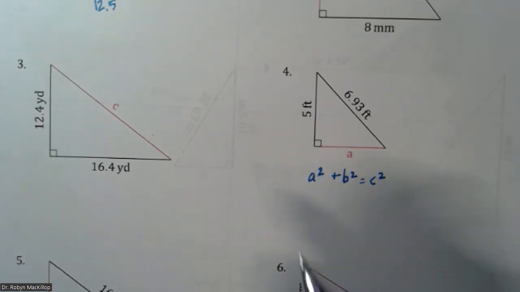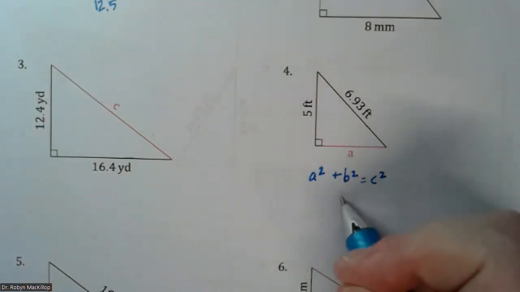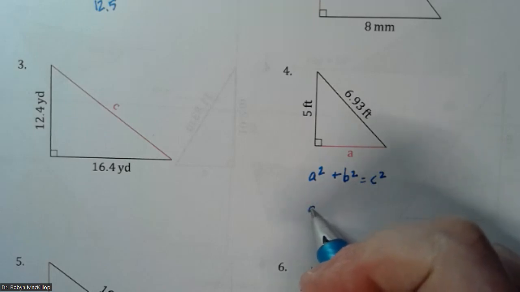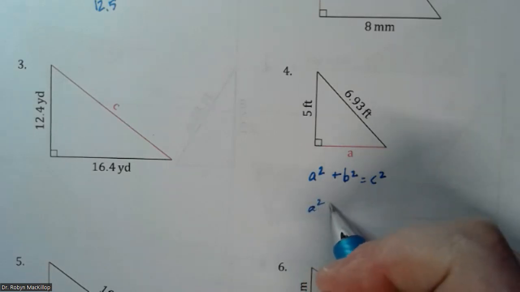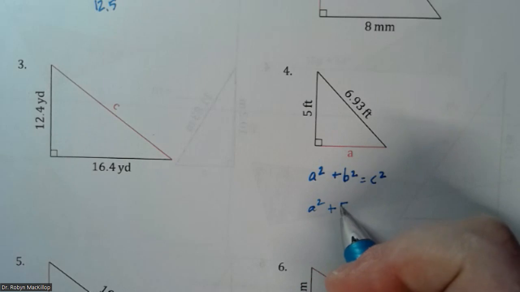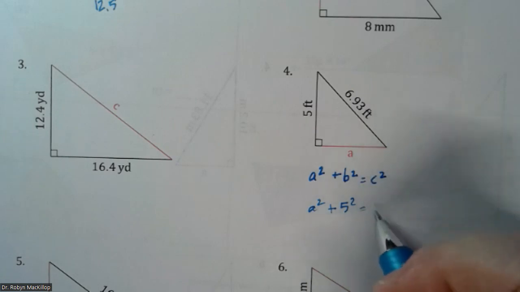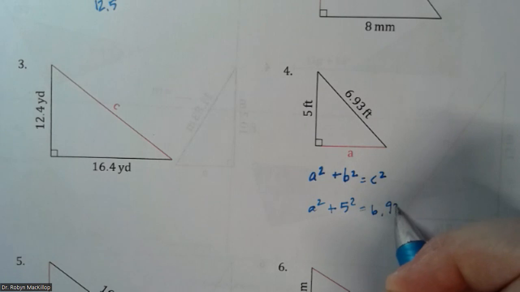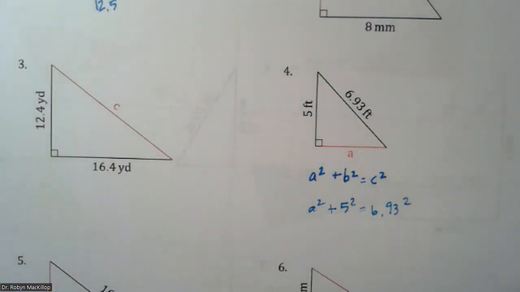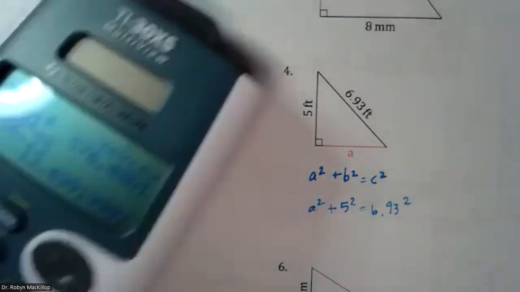We'll say B is 5 feet. So we've got A squared plus 5 squared, don't forget that square, equals C, which is 6.93 squared. Then let your calculator do the heavy lifting.